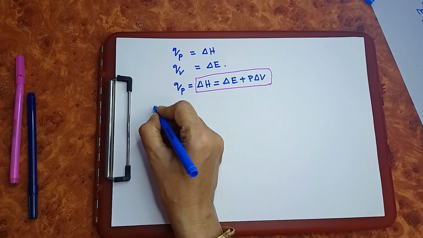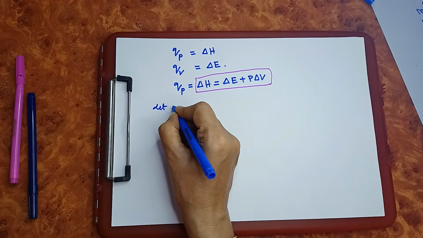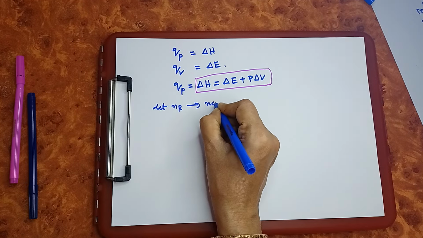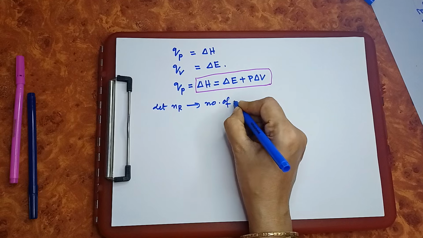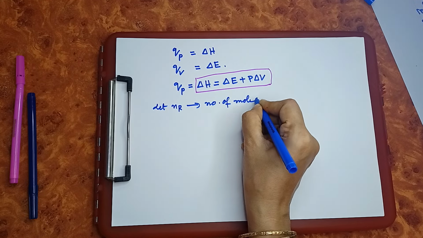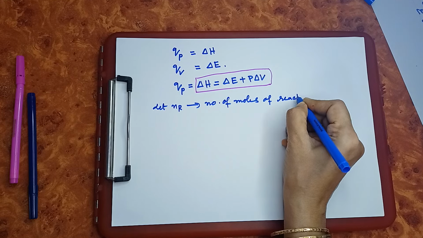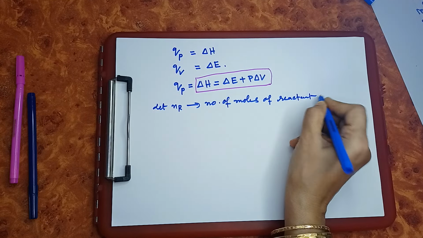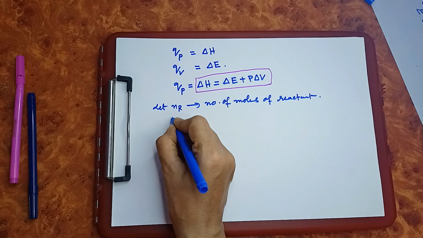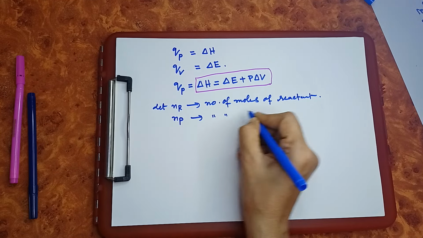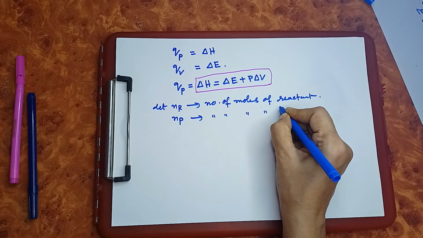Then let Nr be the number of moles of reactant, and Np the number of moles of product.